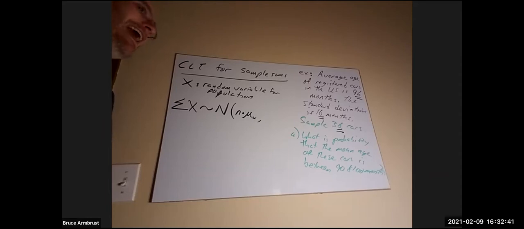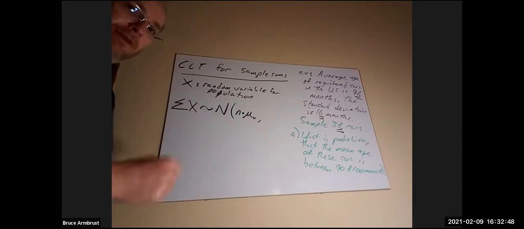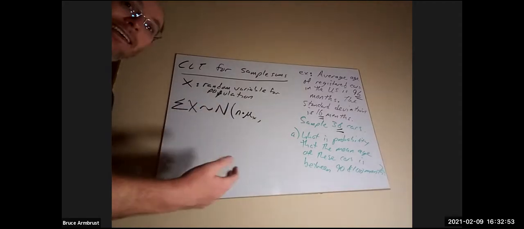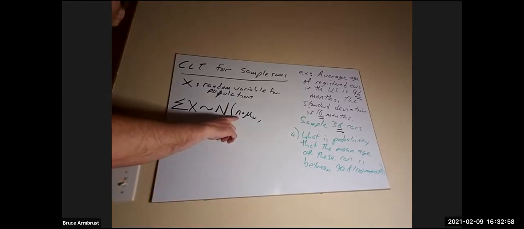If what I'm doing is adding them all up, the first one has an average of mu, the second one has an average of mu, the third one has an average of mu. Mu plus mu plus mu, that's multiplication, one for each in our sample. So we take mu and multiply it by n because we're taking a sum. That mean is going to be considerably larger depending upon the size of our sample.